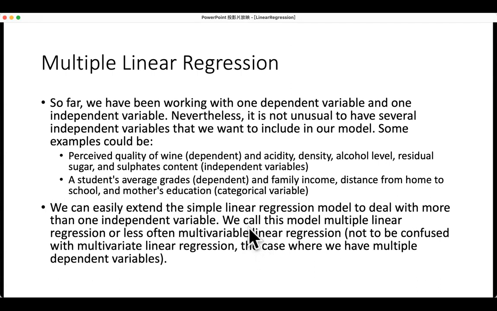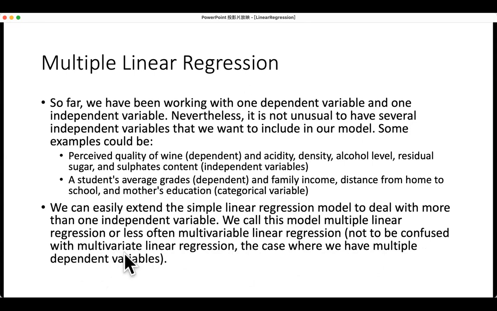Okay, yeah. So this model is called multiple linear regression, or another way to call it is multivariable linear regression. But there's another term called multivariate linear regression. This represents a different thing, because multivariate linear regression means we have multiple dependent variables, meaning we are predicting more than one term.